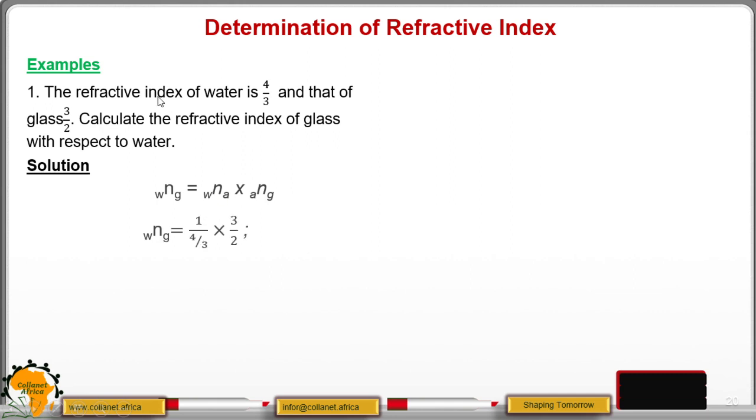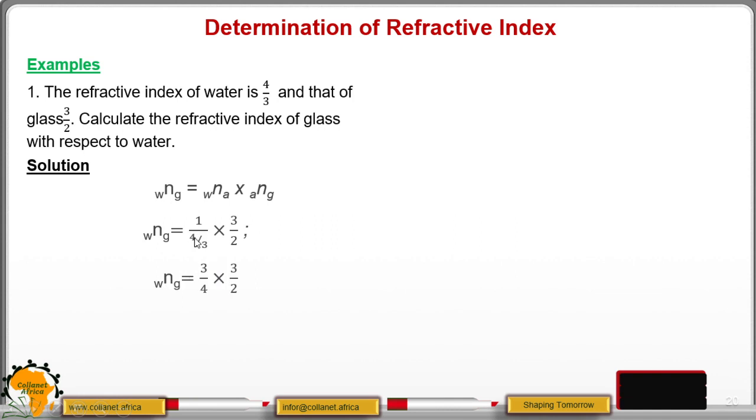Therefore, because we are given the values, if you remember, for you to get the refractive index of air with respect to water, you need to get the reciprocal. And therefore, for you to get the refractive index of water with respect to air, you just get the reciprocal of 4 over 3. Therefore, the refractive index of glass with respect to water will be the multiplication of these two terms.